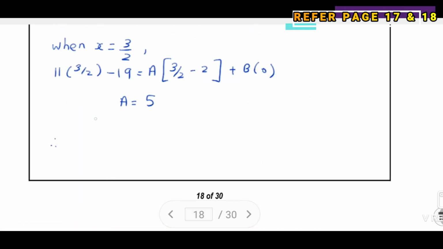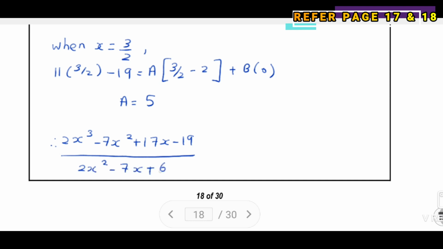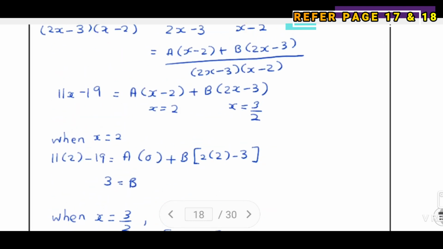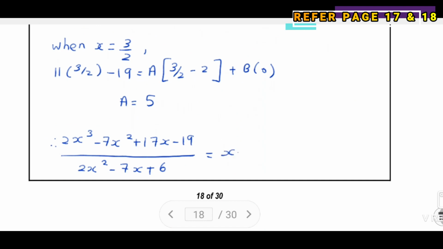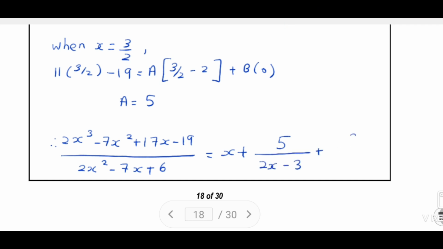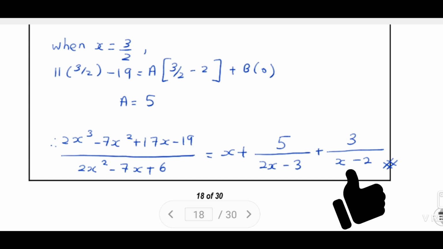So we can rewrite our original fraction, which is 2x cubed minus 7x squared plus 17x minus 19 over 2x squared minus 7x plus 6 as, don't forget your x, plus 5 over 2x minus 3 plus 3 over x minus 2. So that is our final answer.